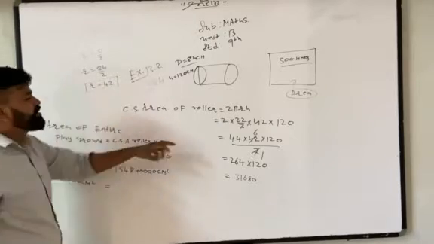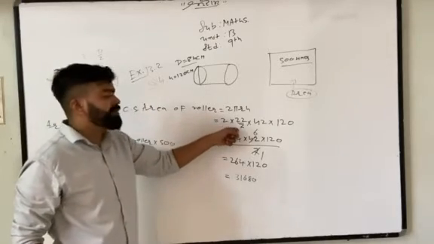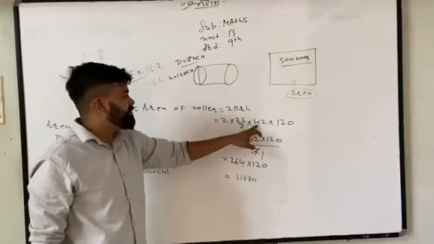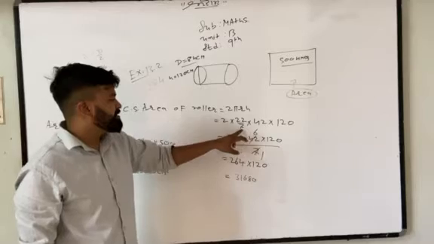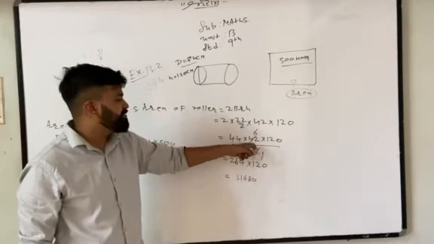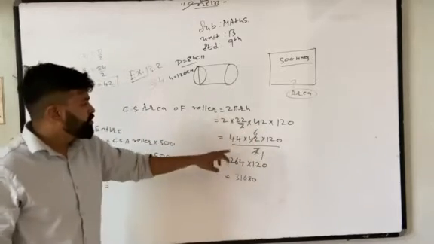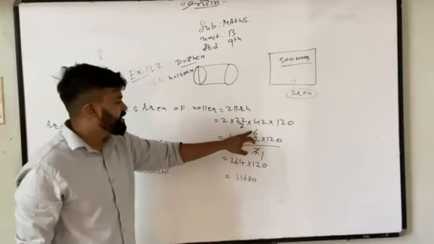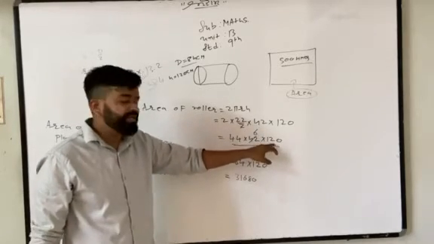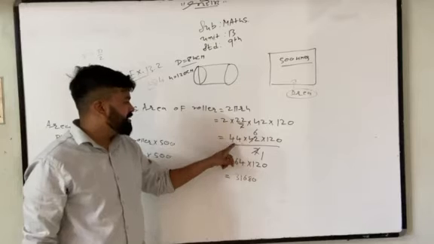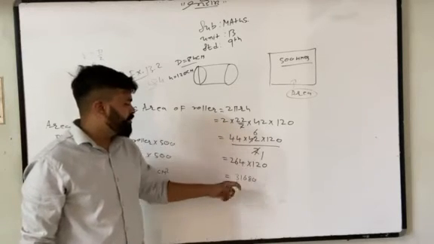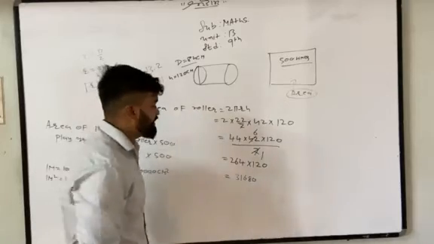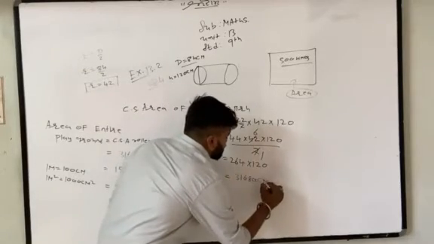Substituting that value here, we will get 2 multiplied by 22 by 7 multiplied by 42 multiplied by 120. Simplifying this, 7 gets cancelled by 42, 7 ones are 7, 6 are 42. So the multiplication of 44 multiplied by 6 multiplied by 120: 44 into 6 is 264, multiplied by 120, that is equal to 31680 centimeter square.